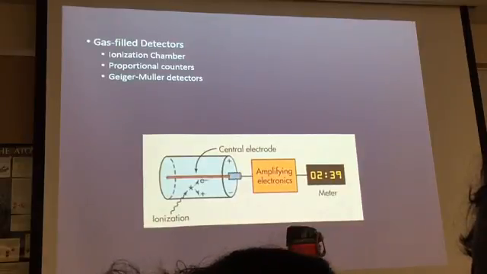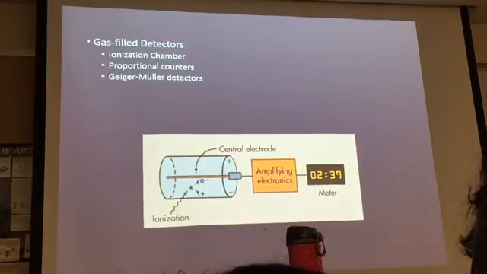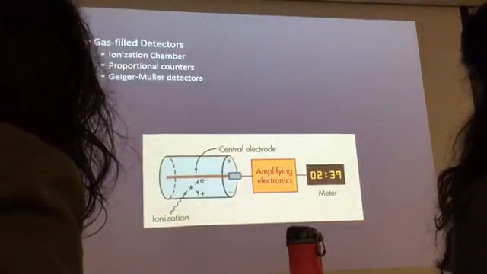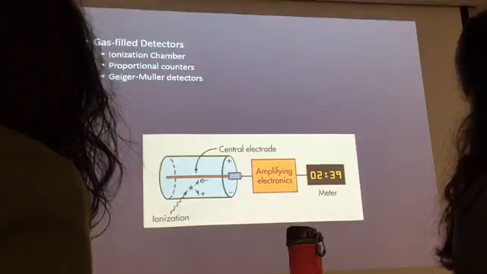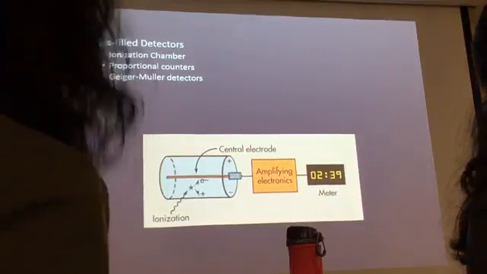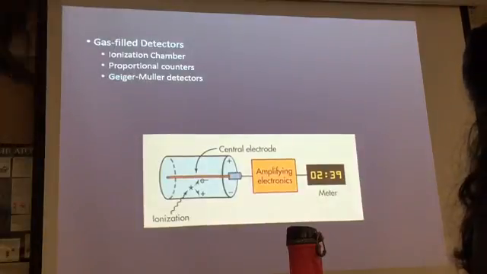This is called the R section. This is the ion chamber proportional counter. This is the Geiger Muller area.